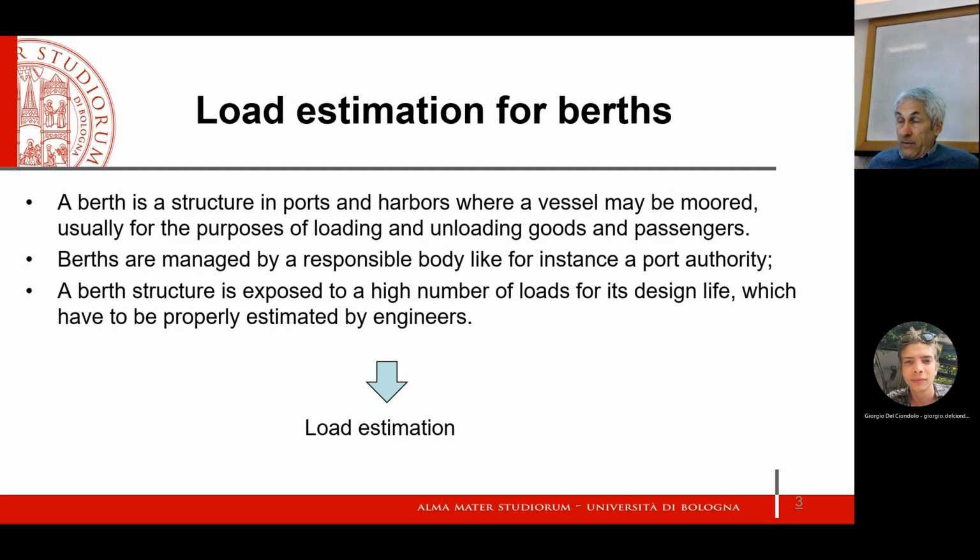Now, from a typically engineering point of view, the load estimation is an essential phase, and it is what we will focus on. Load estimation for berths, for wharves, for piers, for any infrastructure that is connected to the port. So a berth is a structure in ports and harbors where a vessel can be moored, where a ship can be moored.